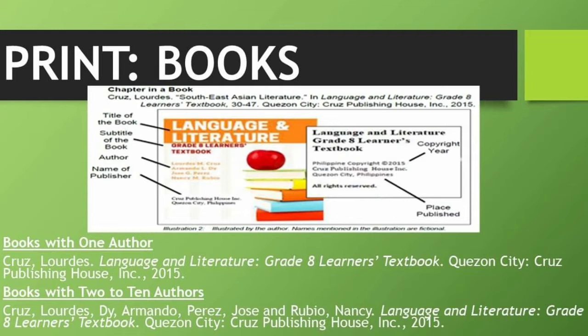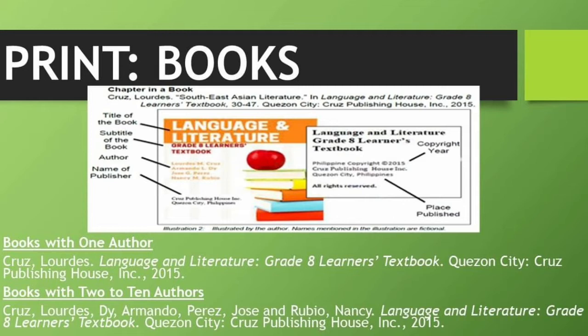Okay, so for books with one author, we can see here that it has one or more authors, and it has four authors. So we will follow the second format in writing the bibliography, which is the books with 2 to 10 authors.